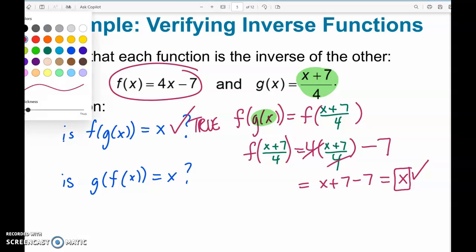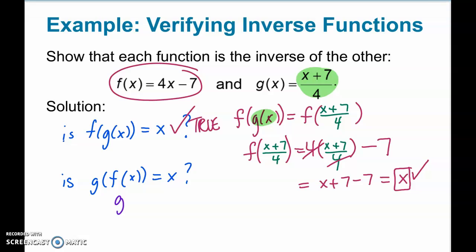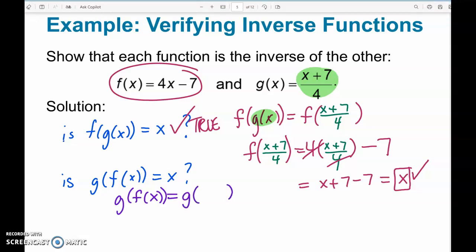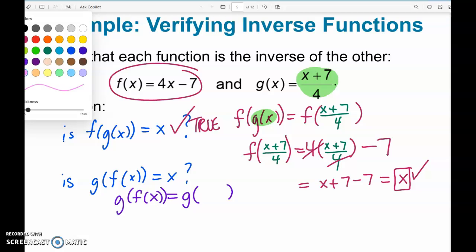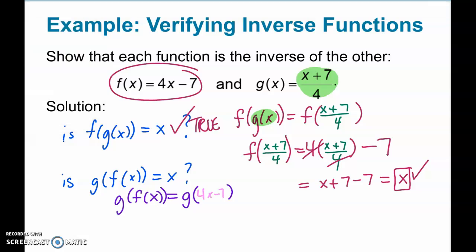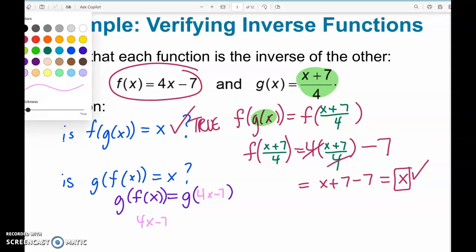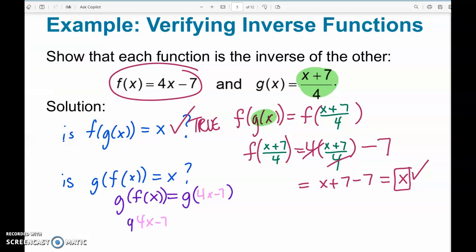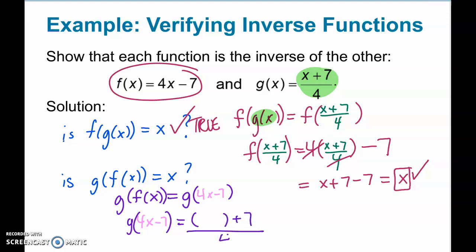Now I have to check the reverse and see if it fits that definition. The reverse said to check g composite f of x. So function g is now on the outside, f of x is on the inside. So 4x minus 7 is going to go into function g as the input. So g is x plus 7, the whole thing divided by 4.